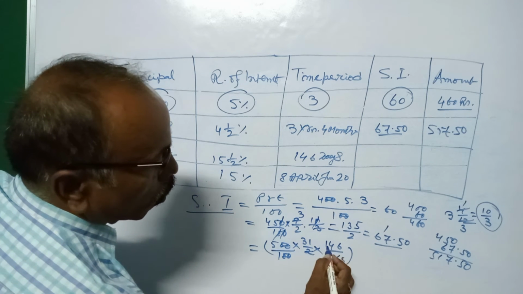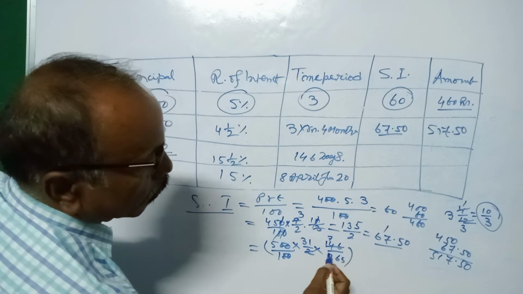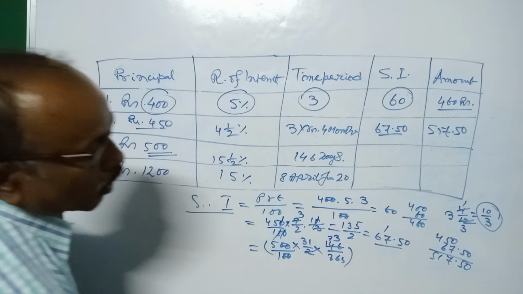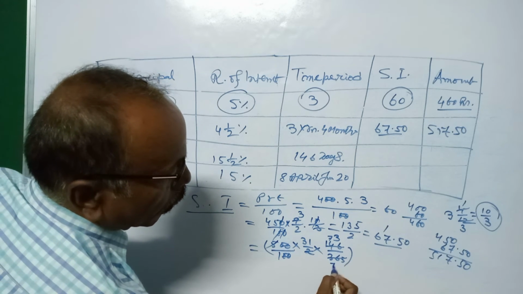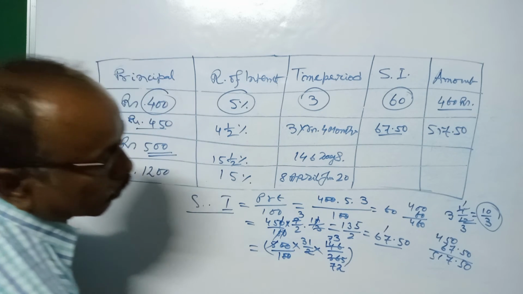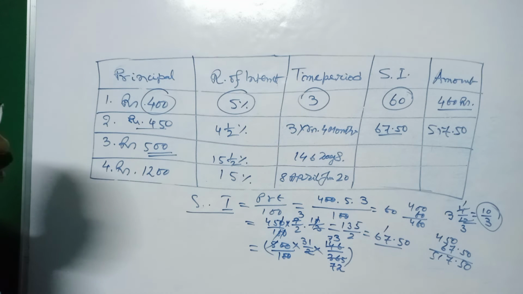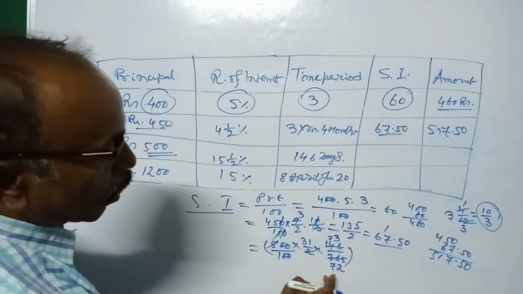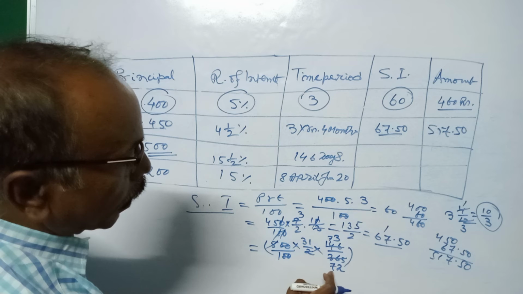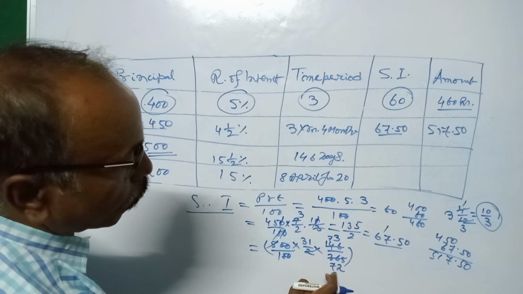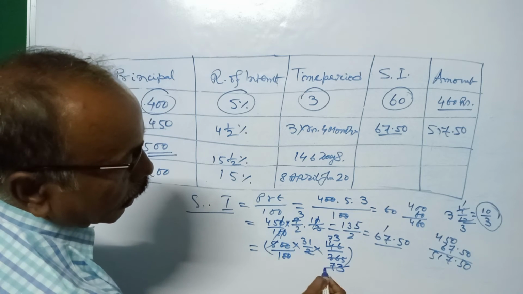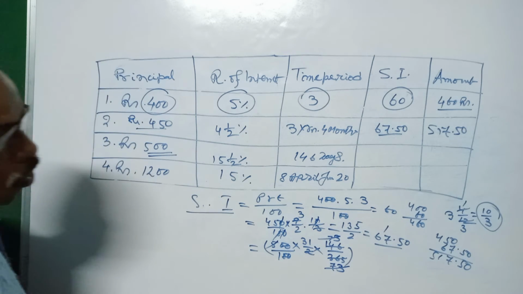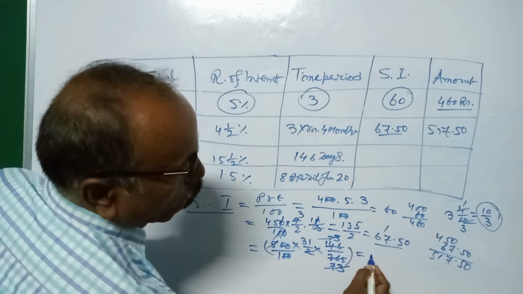Now 2 7s are 14, 5 7s are 35, 73 is also crossed, is equal to 31.